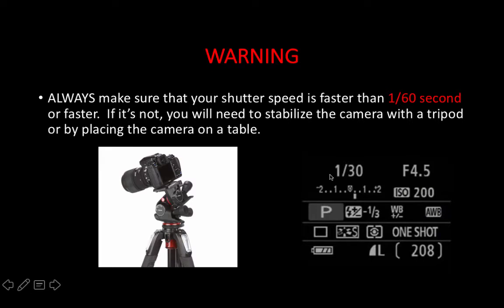You need to pay attention to that, because if it is less, as in slower, than 1/60th of a second, you need to stabilize the camera. You will have to use a tripod or place the camera on the table to take your photo. If you try to take a photo handheld at 1/30th or anything that is slower than 1/60th of a second, your image will come out blurry.